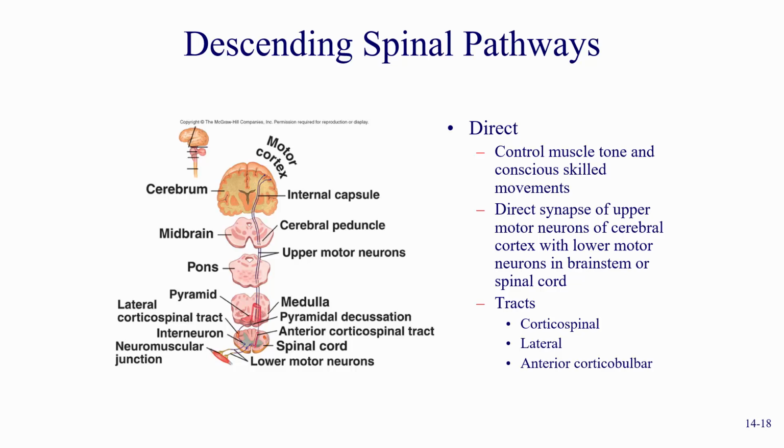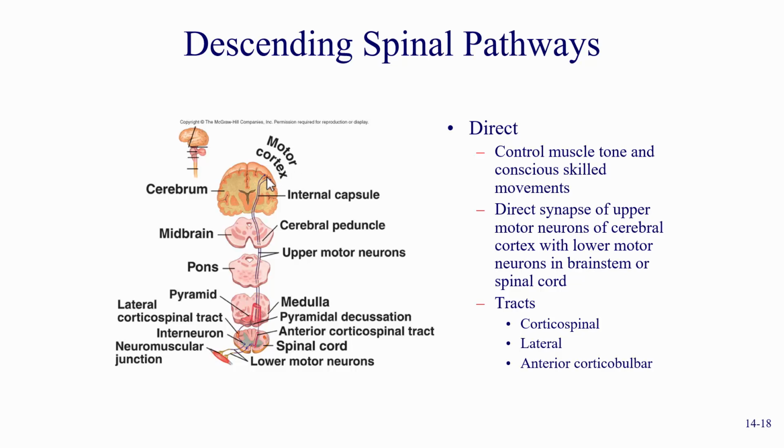And now looking at the descending spinal pathways, we're going to have both direct and indirect descending spinal pathways. Descending means we're going to start off at the cortex, in this case the motor cortex, and from here our upper motor neurons are going to pass from the precentral gyrus, which is the primary motor part of the cortex.